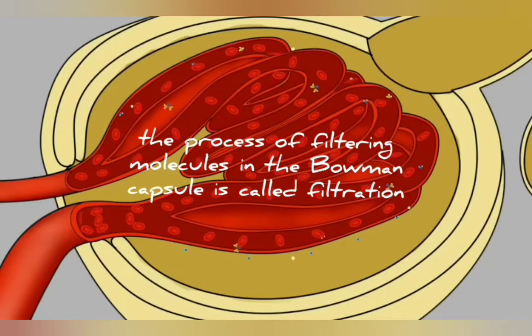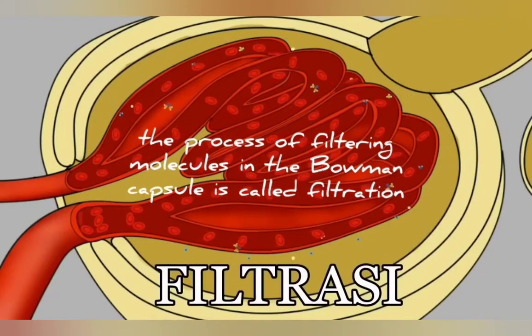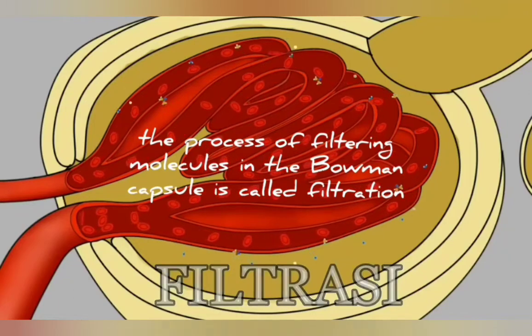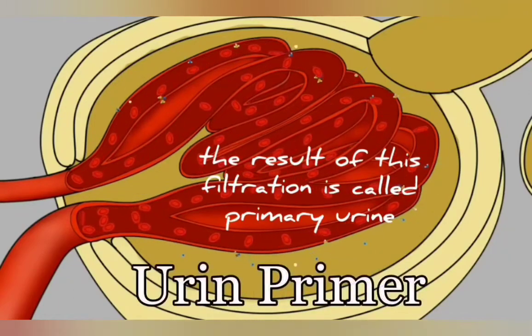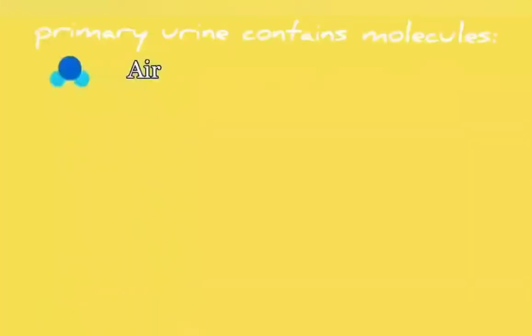The process of filtering molecules in the Bowman capsule is called filtration. The result of this filtration is called primary urine.